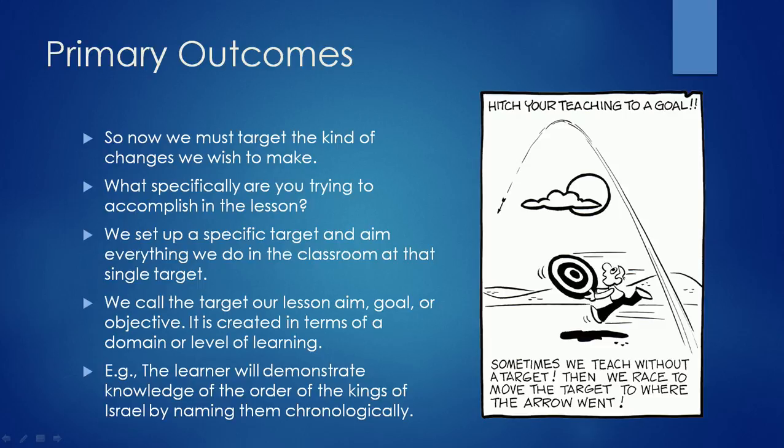And what's notable here is I want them to demonstrate that by naming them chronologically, so I know that they've got it. That's called an indicator. This, by naming them chronologically, is an indicator. This tells me if they can do this, then I know that they know the order of the kings of Israel, right? That's how they're going to prove to me that they have reached that goal.